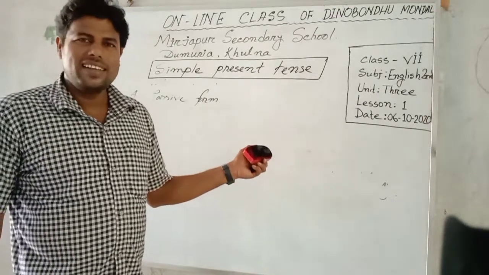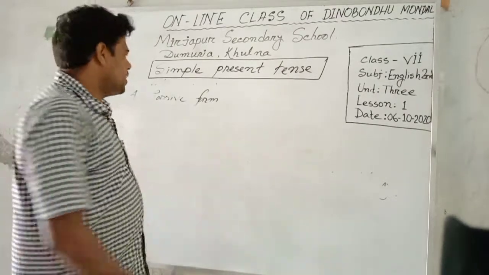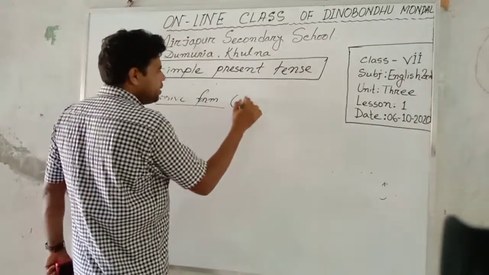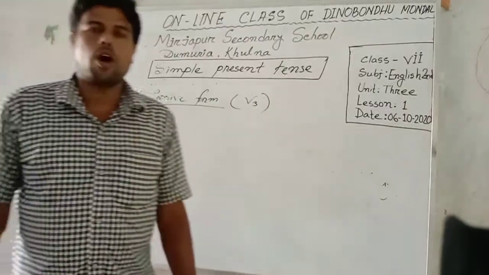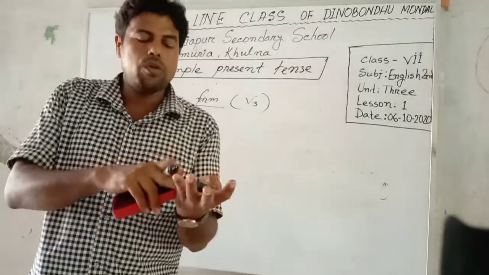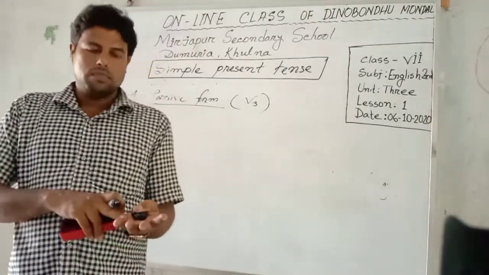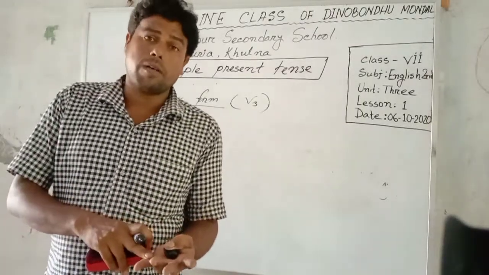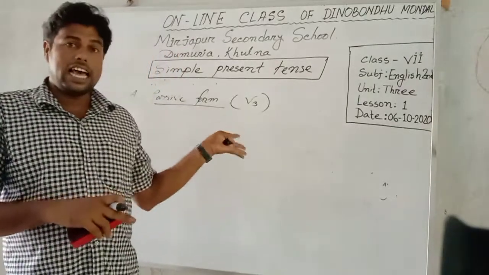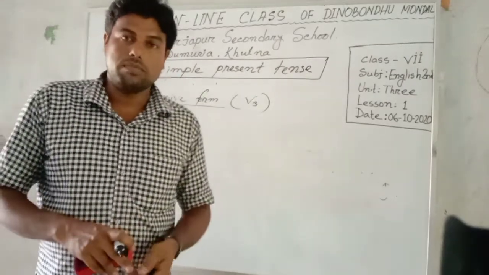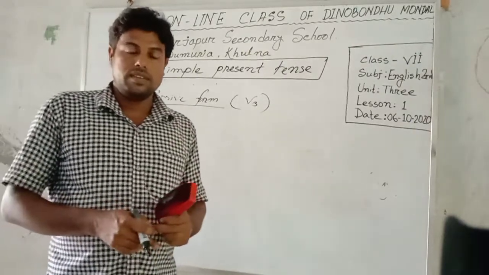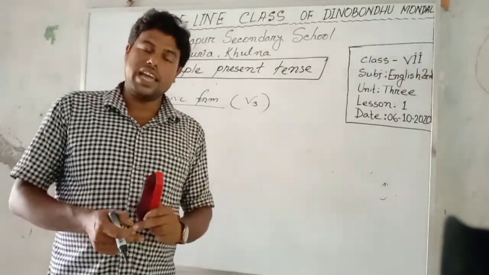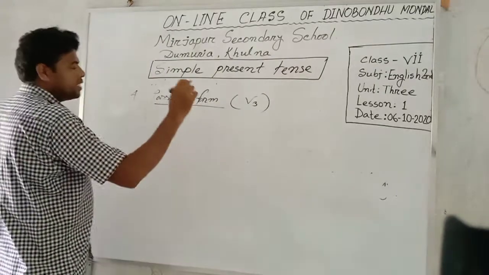Okay? That means we can call it the V3 form. V1 form, present form. V2 form, past form. And this is the last, V3 form, that means past participle form. Remember it, okay? Now, passive verb.